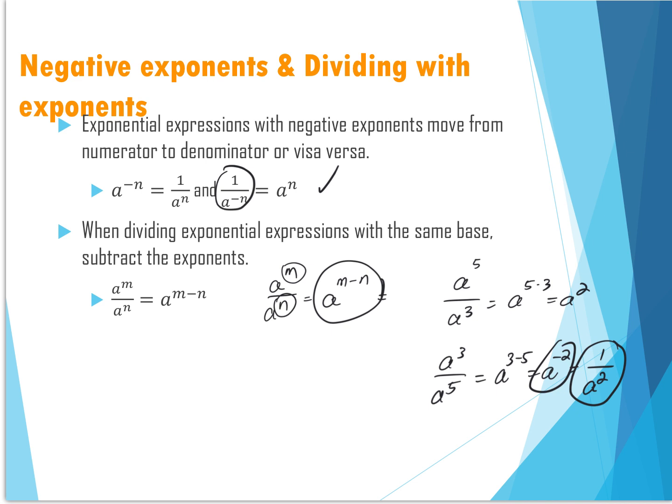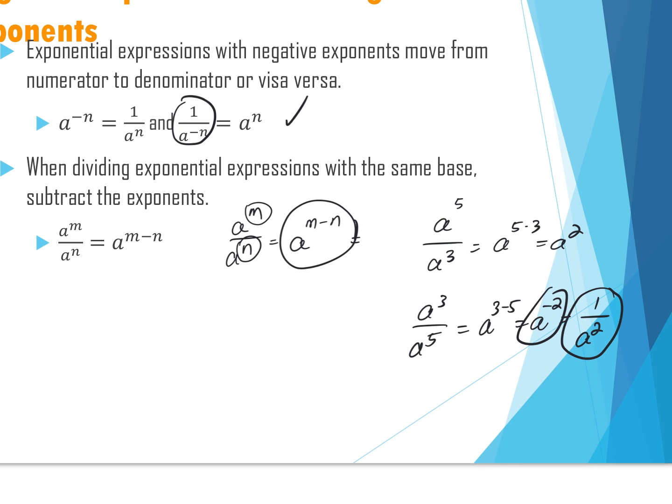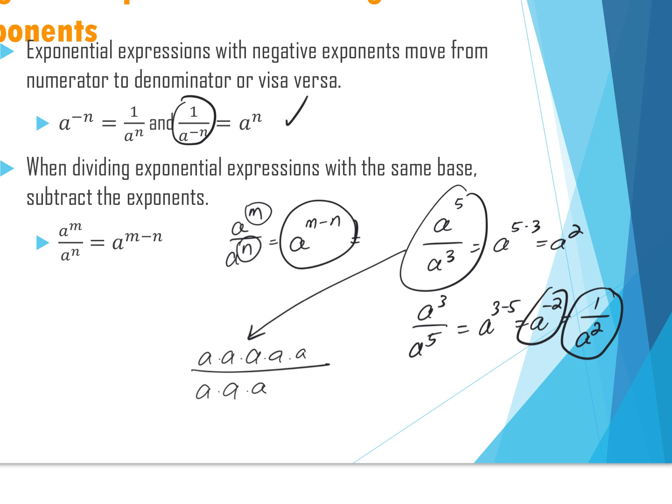One of the things that I personally don't like to do is subtract my variables when I'm doing division. What I like to do is think about it mathematically. If I have 5 a's at the top and 3 a's at the bottom, when I cancel, I'm left with 2 a's at the top, or a squared.